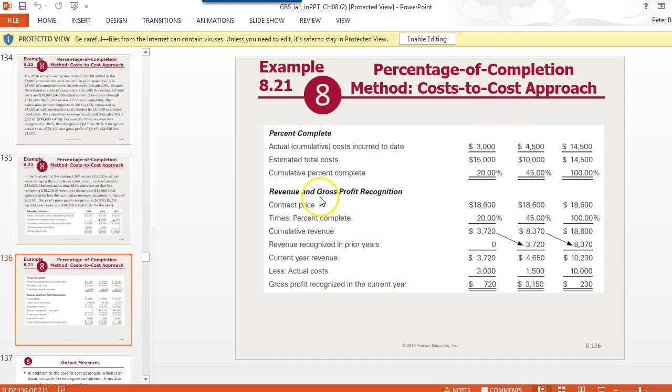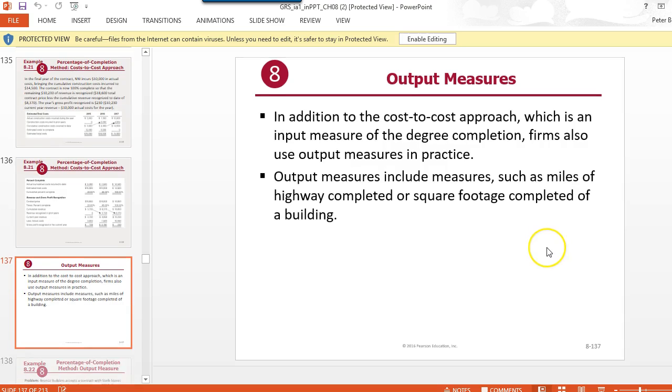Revenue and gross profit recognition: 20% of the contract price is $3,720. 45% is $8,370. But notice you recognized $3,720 the year before, so you recognize $4,650. Less the actual costs gives you $3,150, and so on.